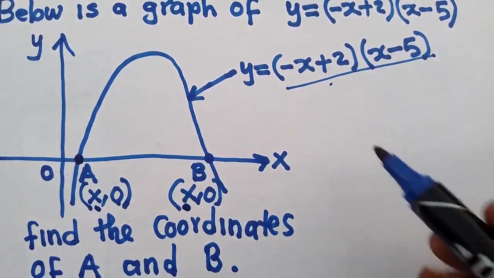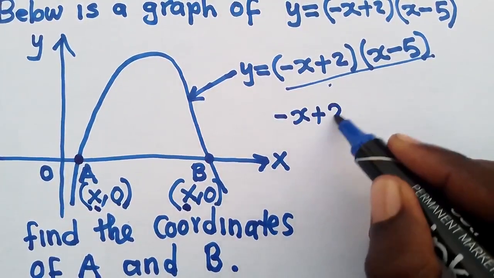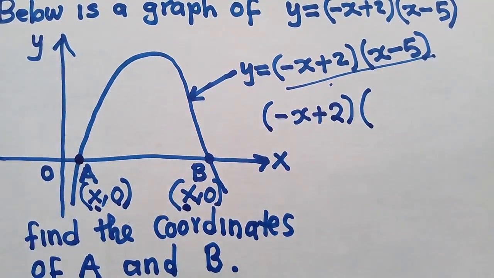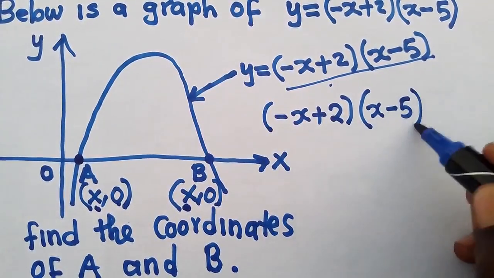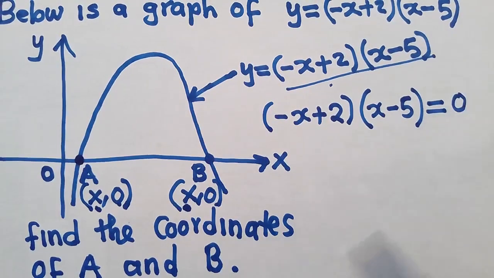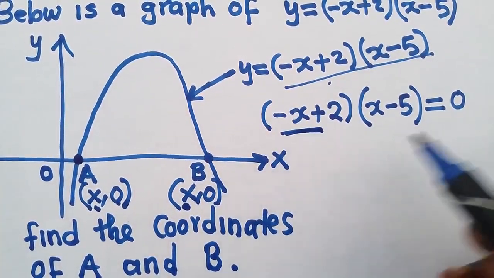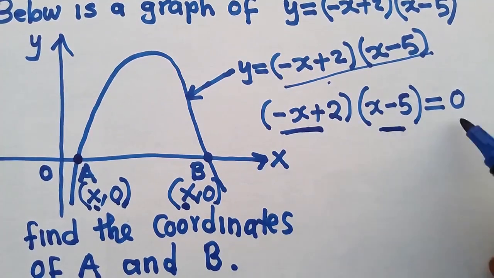So what I'm going to do is that negative x plus 2, and then I've got x minus 5, where I say is equal to 0. I solve this. So what this means is that I get this one alone and equate it to 0. I also get this one alone and equate it to 0.